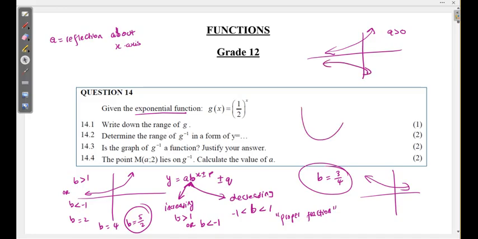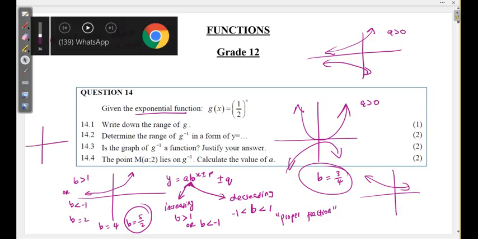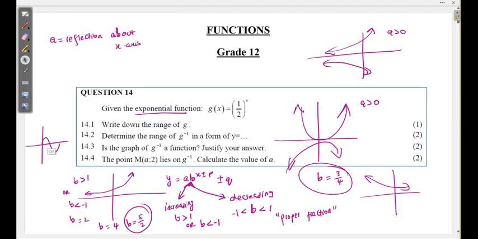If you are used to a normal parabola like this, it is only there because a is positive. Once a becomes negative, that graph will become like this. It flips it. You see, if you are used to a sine function that is like this, then you must know that this is only when a is positive.